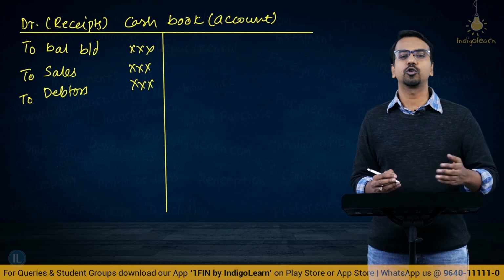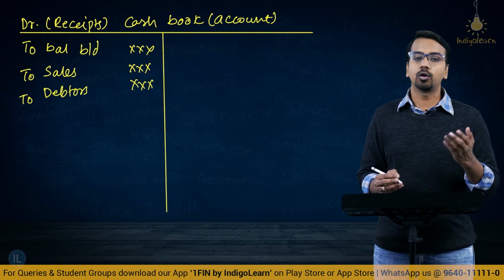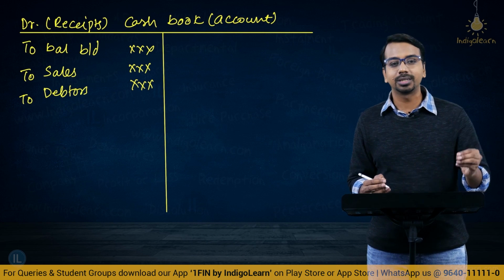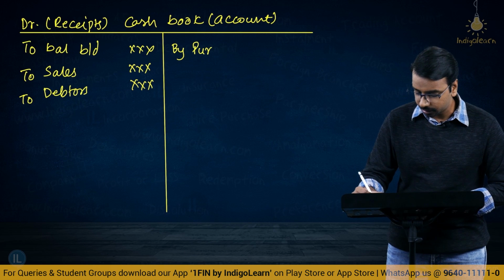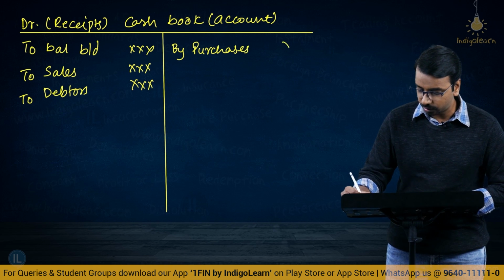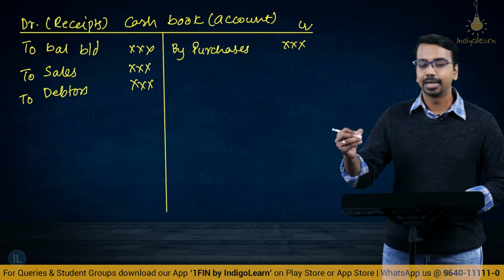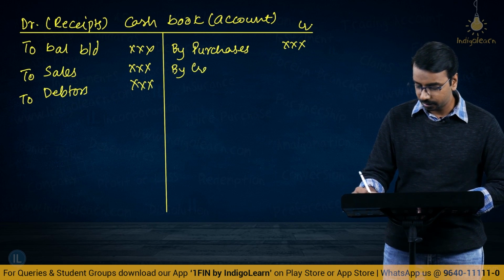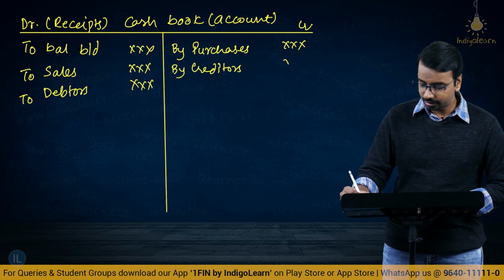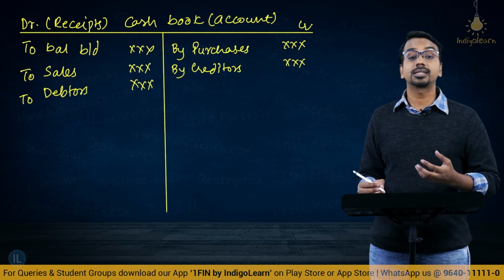On the other hand, there could be many outflows. What could the outflows be on account of? Maybe you purchase something on cash. So you will say by purchases. You will put it on the payment side or the credit side. Or you have paid your creditors. You will say by creditors and put the amount here. You purchase some fixed asset.